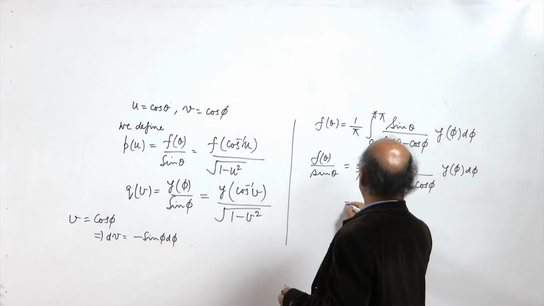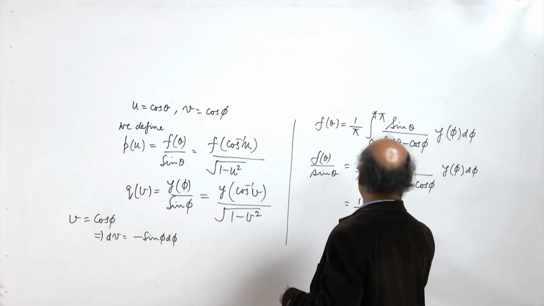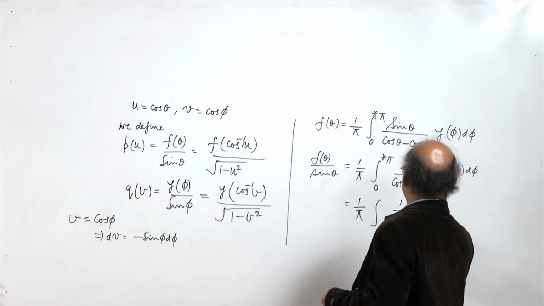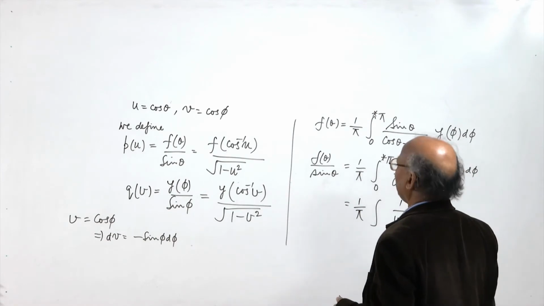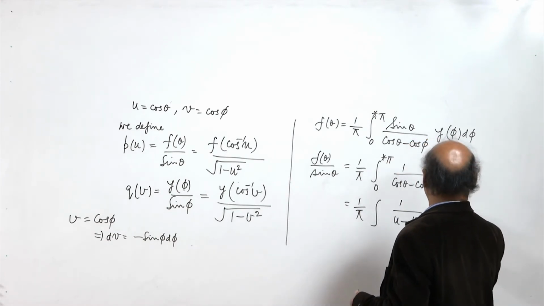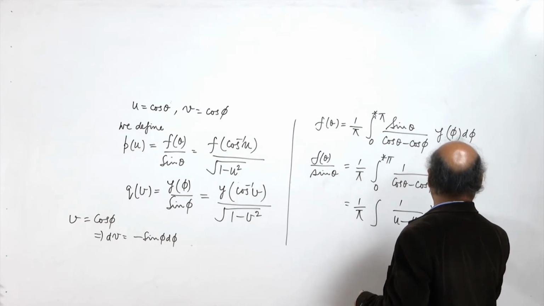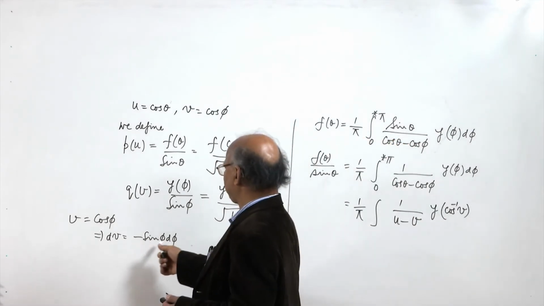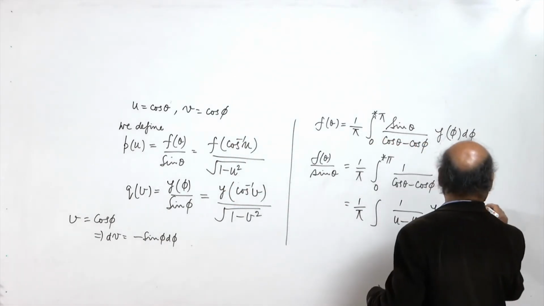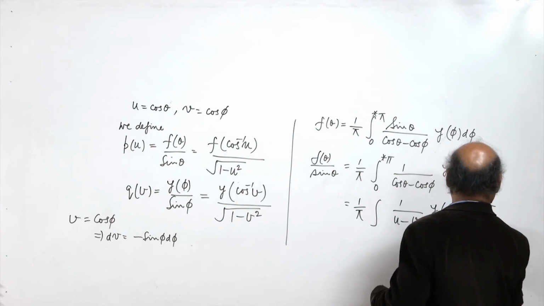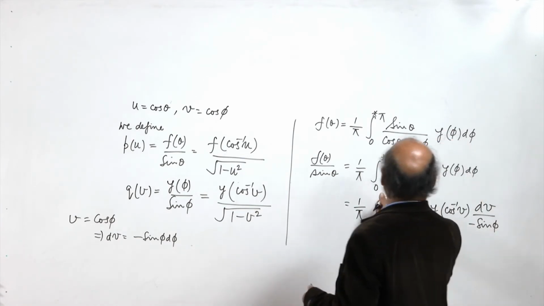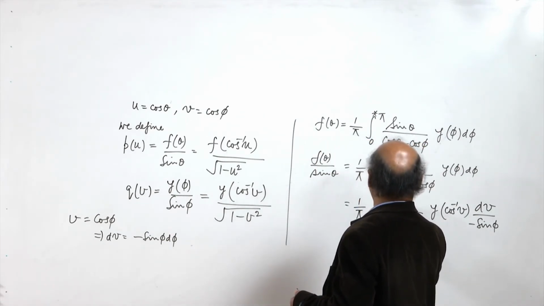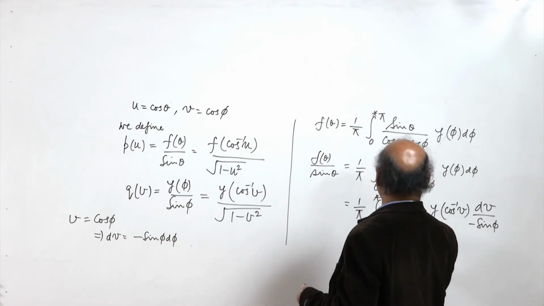So this will be equal to 1/π. The limits of integration will become: cos θ is u, cos φ is b, ψ(φ) is ψ(cos⁻¹ b), and dφ is equal to db upon −sin φ, and here the limits of integration will become 1 to −1.